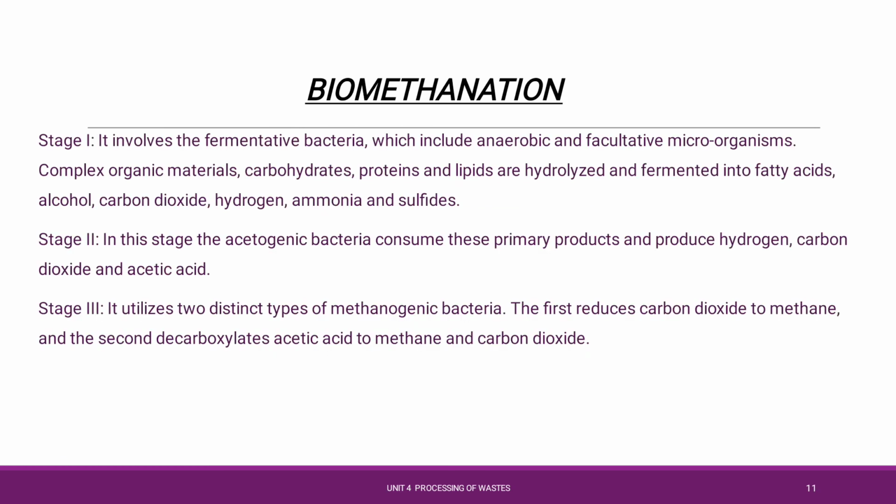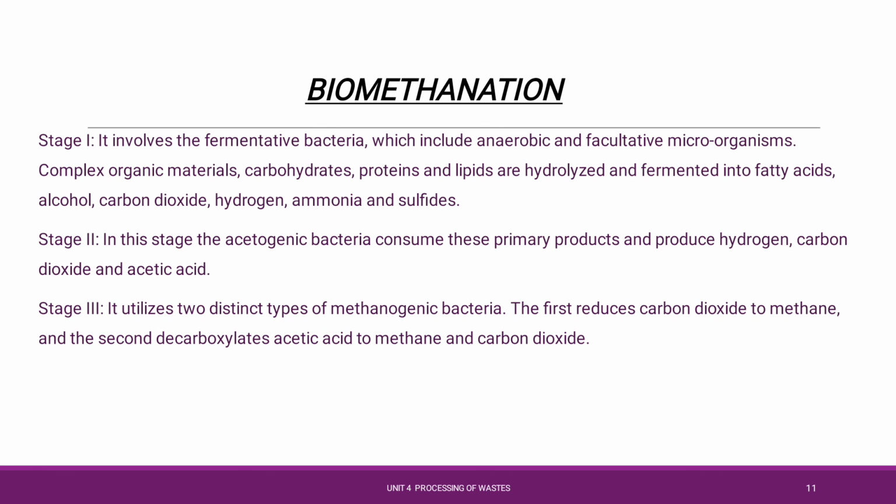These are all the stages of the biomethanation process. Usually the biomethanation can be divided into three stages. In the first stage, the fermentative bacteria, mainly anaerobic or facultative microorganisms, break down the complex material, that is carbohydrate, protein and lipid, into fatty acid, alcohol, carbon dioxide, hydrogen, ammonia and sulfate.